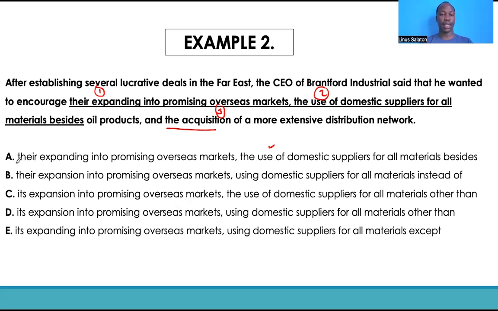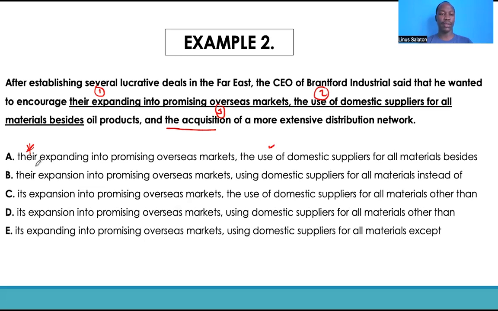Because the "there" here stands in place of Brantford Industrial. Okay, so is the use of "there" in its correct manner? From my own observation, the expanding into promising overseas markets is sort of complicated.